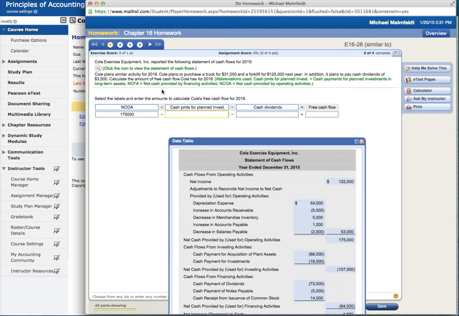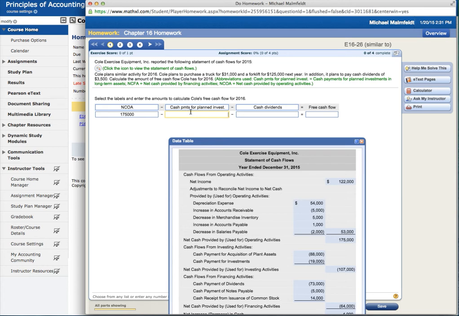What they mean by that is, even though we're looking into the future, obviously we're not going to know exactly what the net cash from operating activities is for next year. But the fact that we're planning similar activities as this year allows us, when we are calculating the free cash flow, to use the net cash provided by operating activities from last year and plug that into our formula, which allows us to come to a guesstimate of what free cash flows are going to be for this upcoming year.